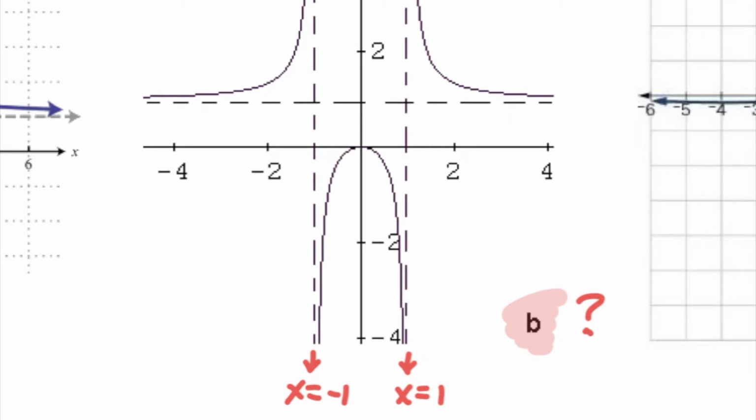You would have all real numbers except -1 and +1, or your domain would be -infinity to -1, -1 to +1, and then +1 to +infinity. Those are the x values on this graph that are represented, and they don't include -1 or +1. And so you need to be thinking about that.